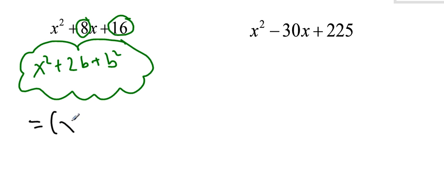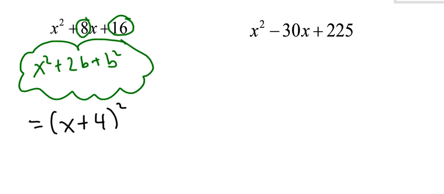We know that the number 4 is both the square root of 16 and half of 8. So that's a perfect square trinomial, and it factors into this. If this wasn't a 16, if it was a 17, a 12, a 28, a negative 16, this wouldn't work. But because it happens to be 8 and 16, those are the right numbers.